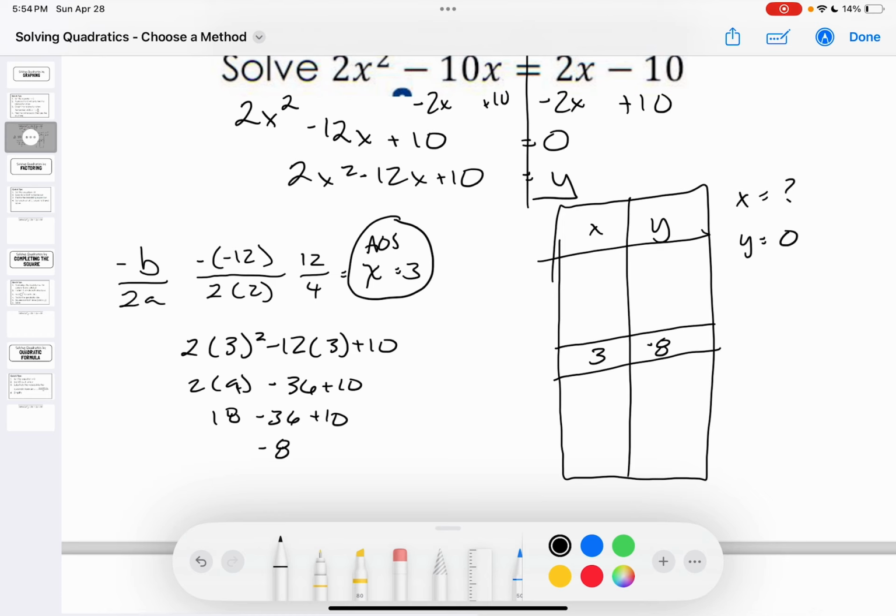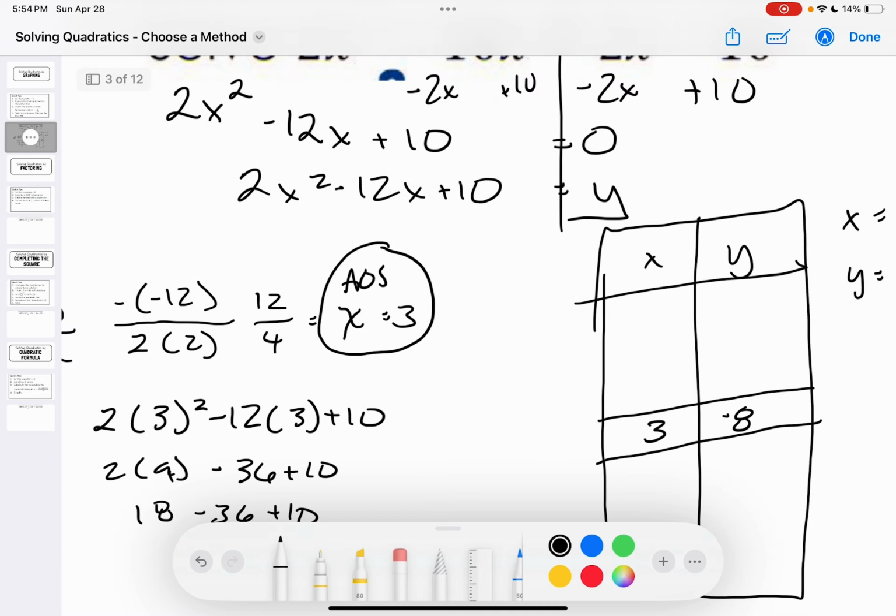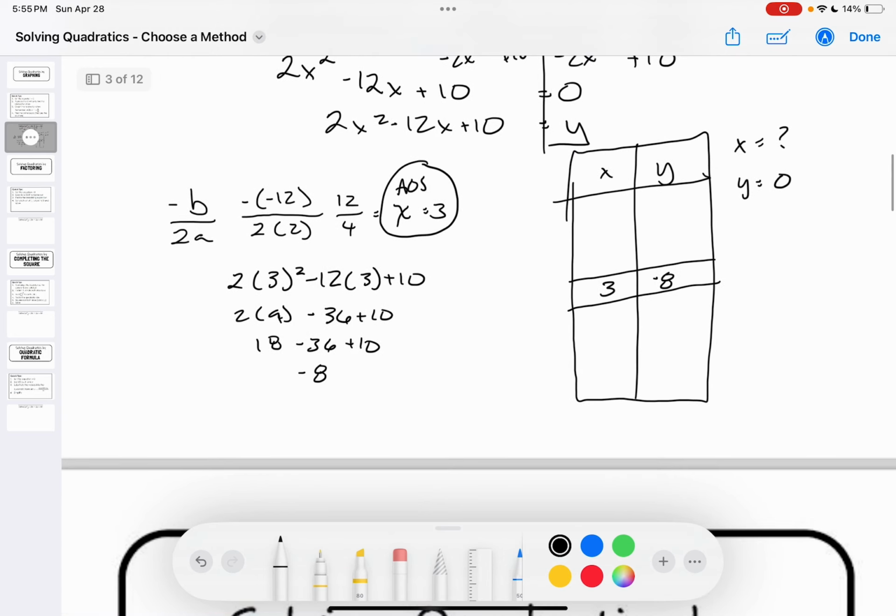And then we'd just build this thing out. I would just keep dropping in new x values and getting new y values.